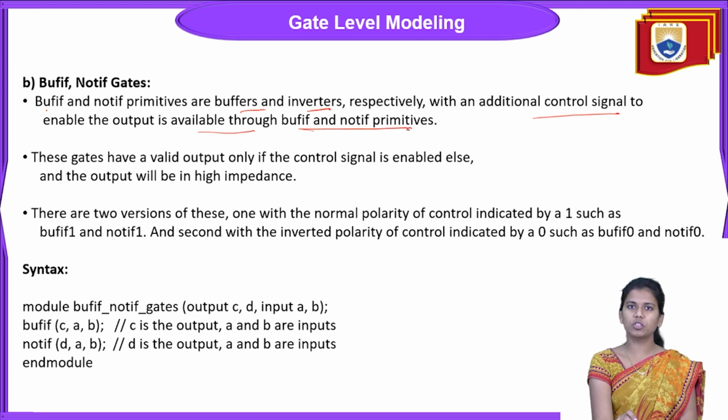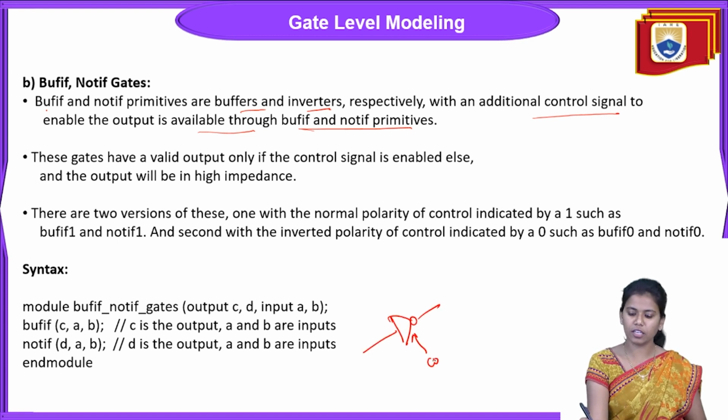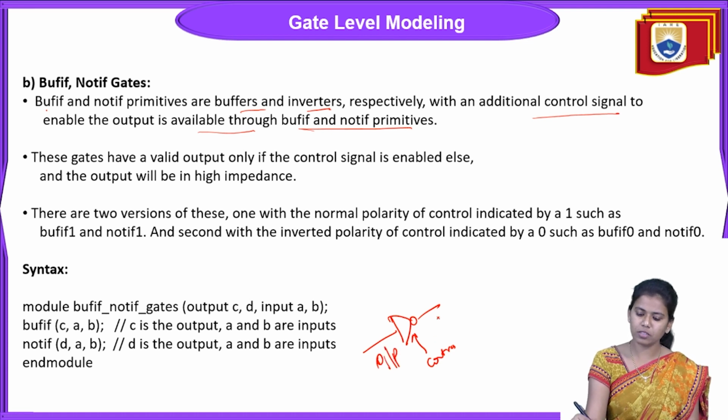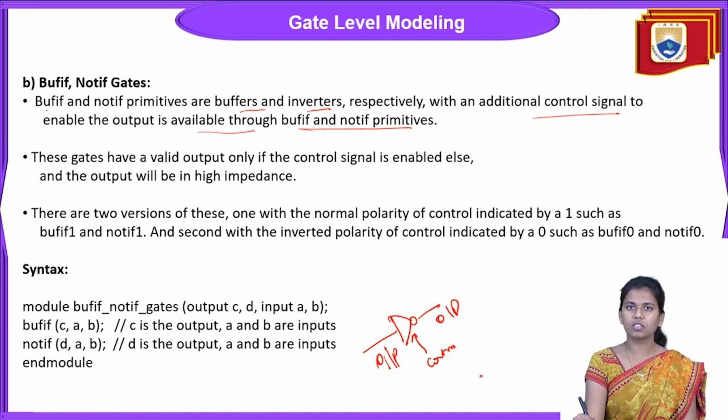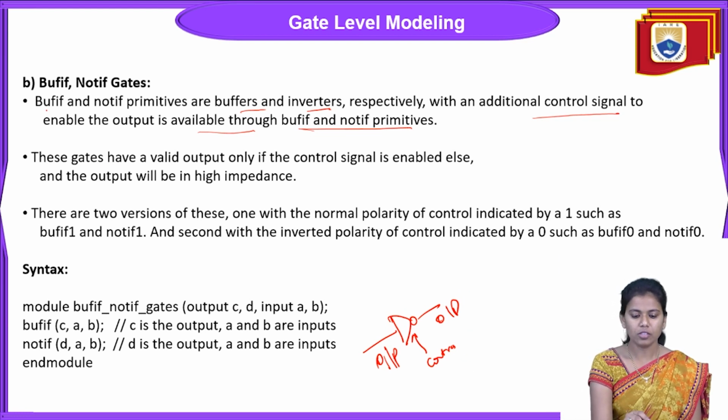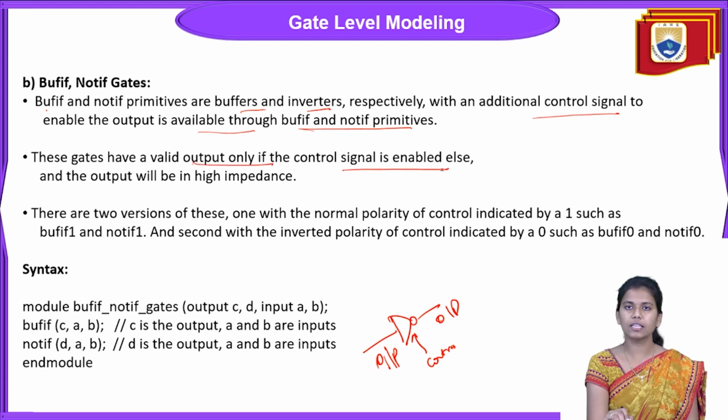So here with BuffIf and NotIf, you will see a control signal, along with the input and output. This control signal will enable the inputs in order to observe a particular output. These gates have a valid output only if the control signal is enabled.